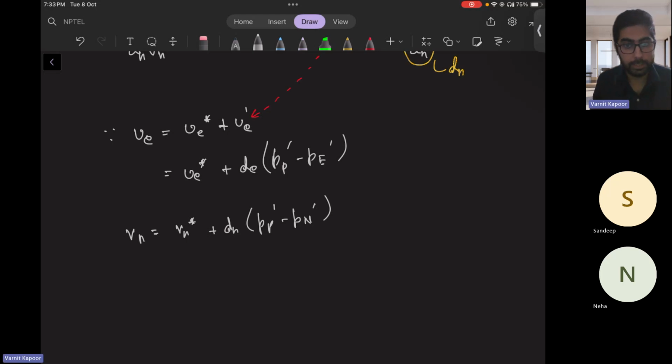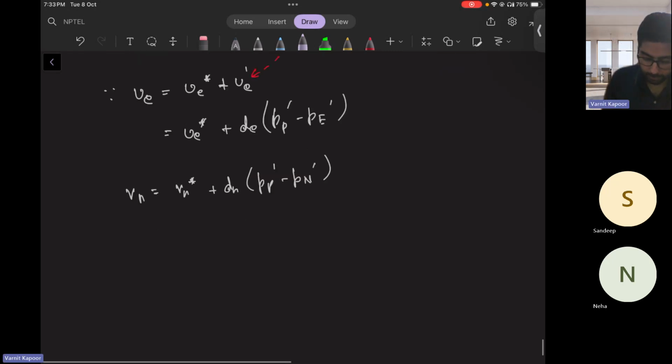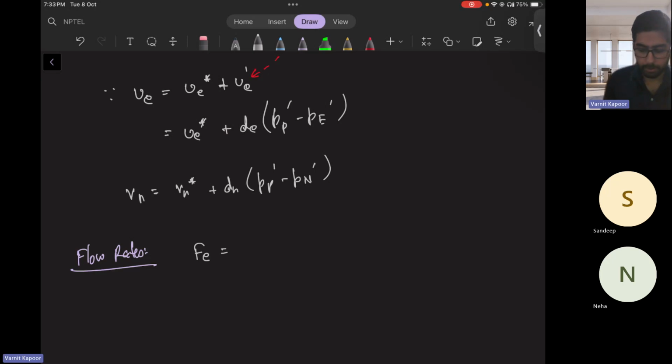Now, what about the flow rates? What about the flow rates? For the flow rates, we can write like this, that flow rate rho into U is nothing but summation of Fe star plus Fe dash, because flow rate itself has U values, no? So you have done above here. These U values you have calculated.